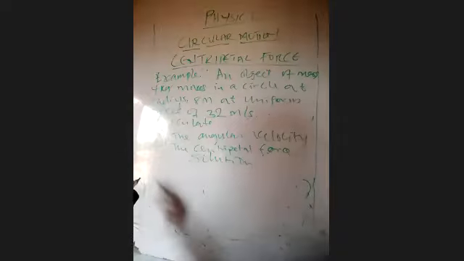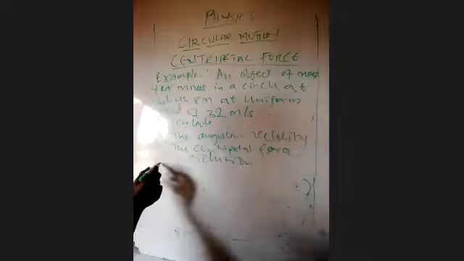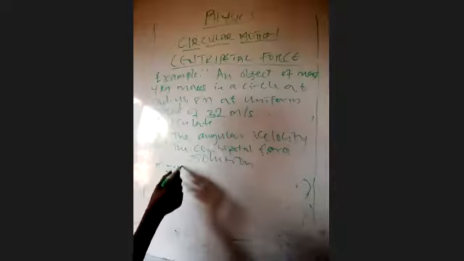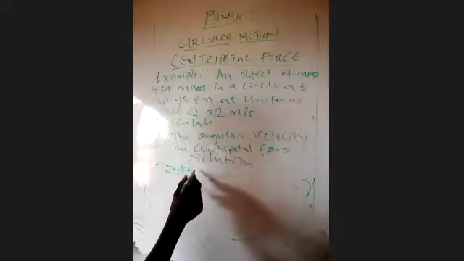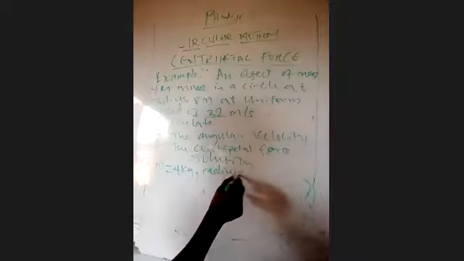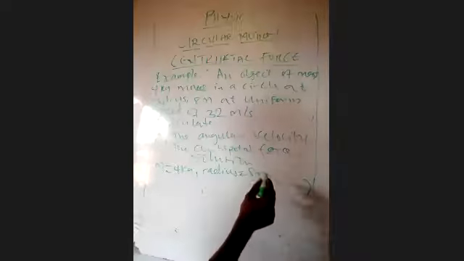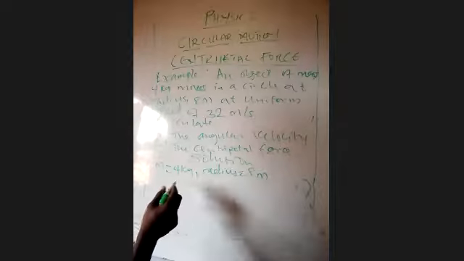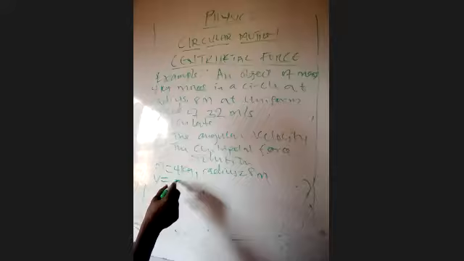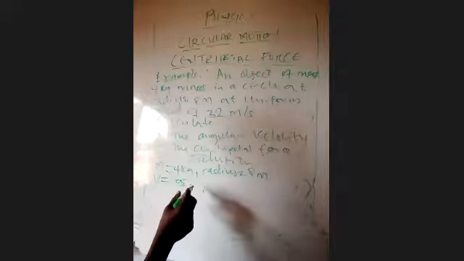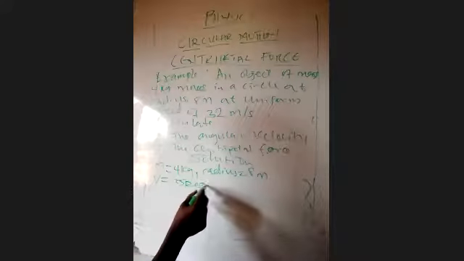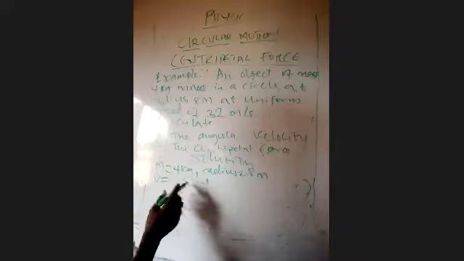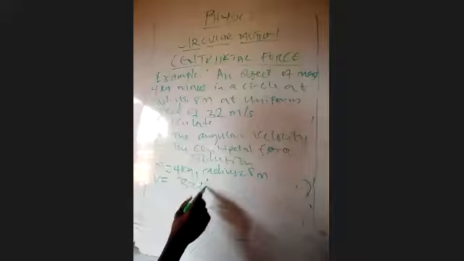Given in the question that mass is equal to 4 kg, radius is equal to 8 meters, and v, velocity, which is equal to the speed, which is 32 meters per second.